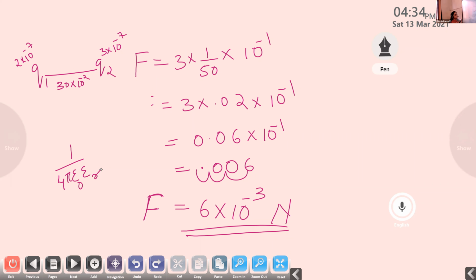Here it is present in free space, so we use the equation for free space or air, 1 by 4 pi epsilon 0. If any medium is present between these two charges, then we must use 1 by 4 pi epsilon 0 epsilon r. But here the medium is air, that is the free space. Clear?